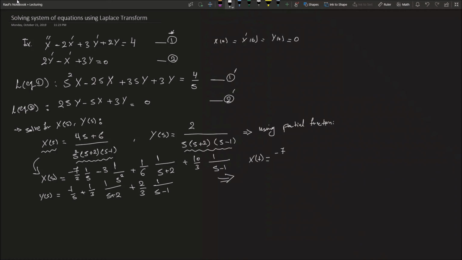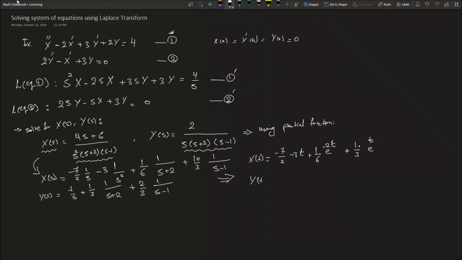X of t will be minus 7 over 2, 1 over s is 1, as you know, minus 3 multiplied by t plus 1 over 6 multiplied by e to the power of minus 2t plus 10 over 3, the same factor will stay the same, multiplied by e to the power of t. That was x of t, done.